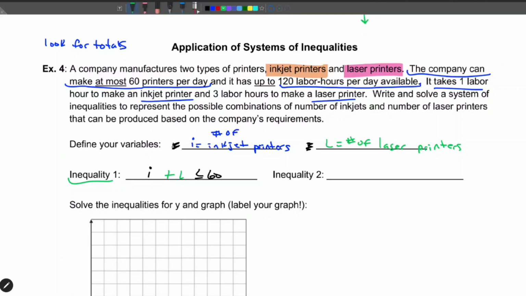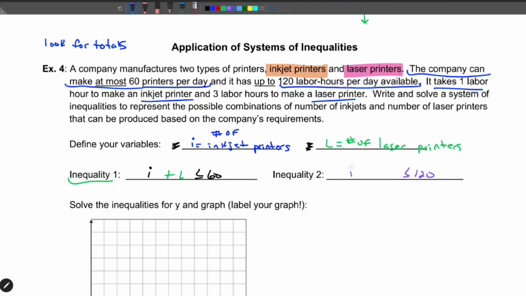And then we need to think about how we're going to relate these totals, because we've got 120 labor hours, right? So it has up to 120 labor hours, so it's going to be less than or equal to 120. And so we need to come back to our variables and think about our totals that are going to give us these labor hours.